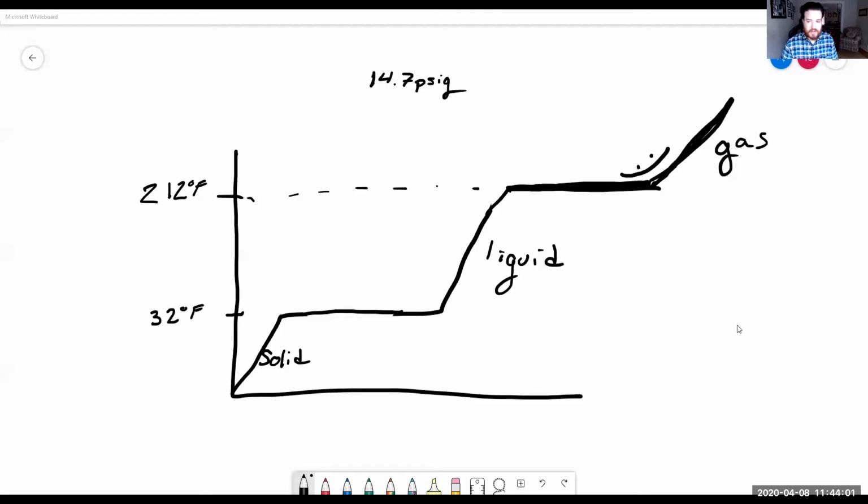If we look here, we have normal pressure, atmospheric pressure. That means we have 32 degrees Fahrenheit. We have liquid melting and or freezing. And up at 212, we have liquid becoming a gas.